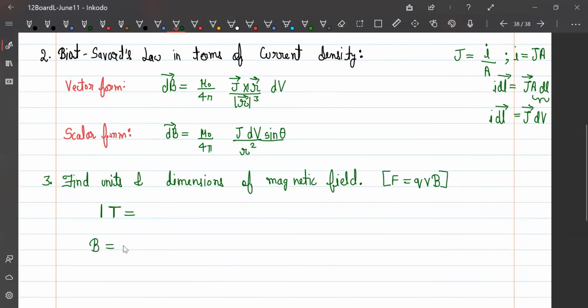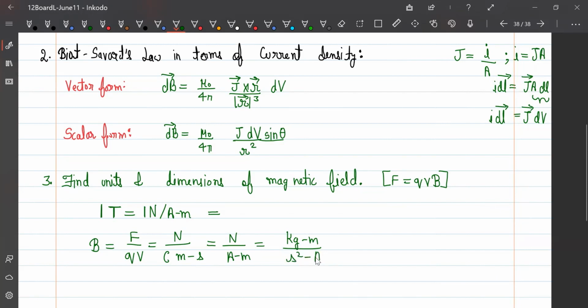So you can write unit of B will be unit of F by unit of qv. So force का unit होता है Newton, charge का coulomb, and speed का meter per second. Coulomb per second होता है Ampere, so you can write it as Newton per Ampere meter. So one way to write this is 1 Newton per Ampere meter. If you want to further break it down, so Newton को हम लिख सकते हैं kg meter per second square.